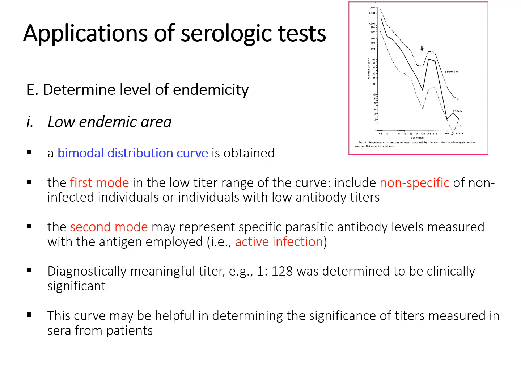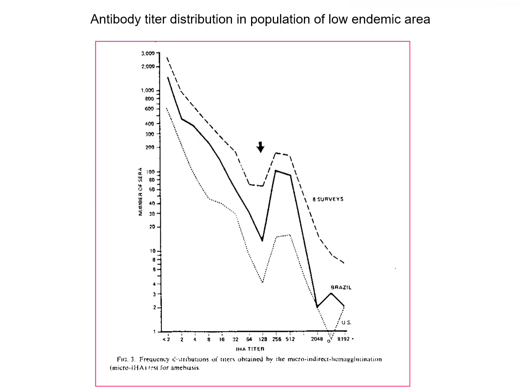Let us look at the curve closely. So this is the bimodal curve showing in low endemic areas. The first mode here is non-specific binding or individuals with very low titer. These people may not present with symptoms. They may have a very low level of infection or no infection at all.